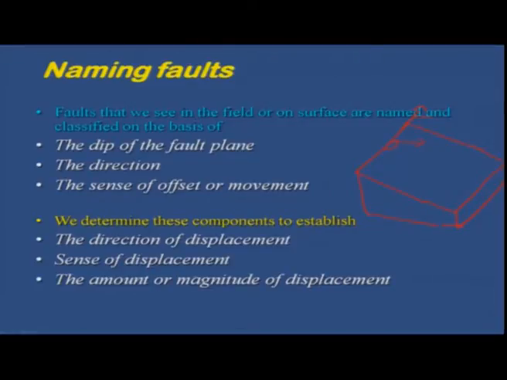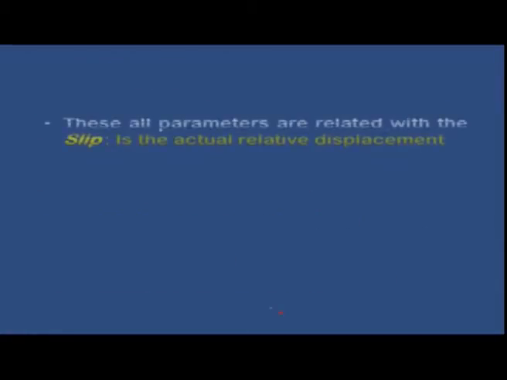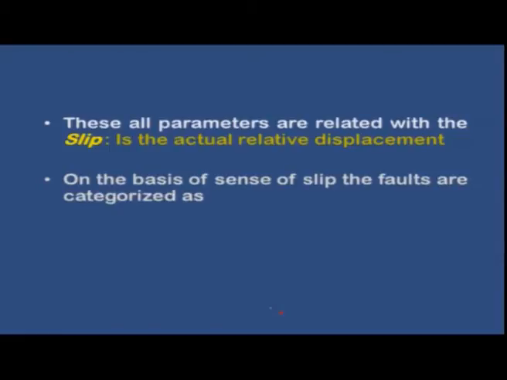So now we will see the different types of faults and how we classify them. Just keep in mind what we have taken about strike and dip, because we are going to use some of the parameters we used for measuring strike and dip. All these parameters are related to slip, which is the actual relative displacement, and on the basis of the sense of slip, faults are categorized as strike slip faults and dip slip faults.